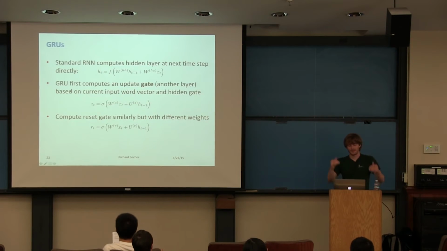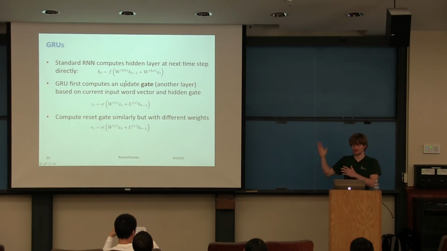Now the GRU actually has multiple steps and in some ways multiple little recurrent units inside in order to compute that final H. The first two steps inside the GRU are to compute two different types of gates. The first one is called an update gate. And really a gate is just another layer. However, instead of using any random nonlinearity, they always use the sigmoid function.